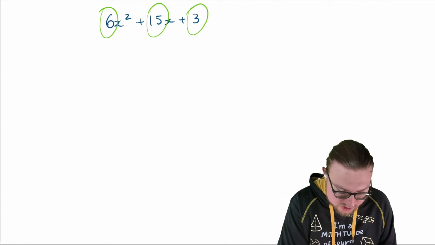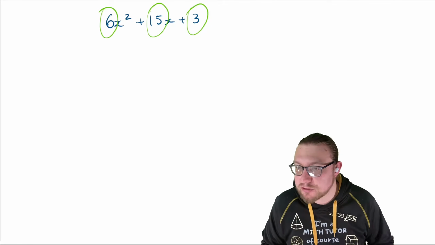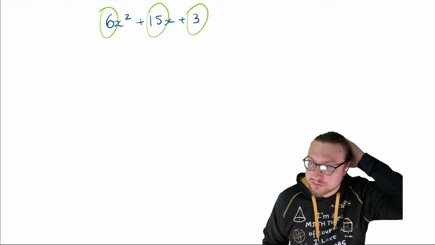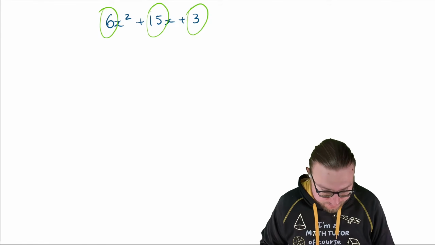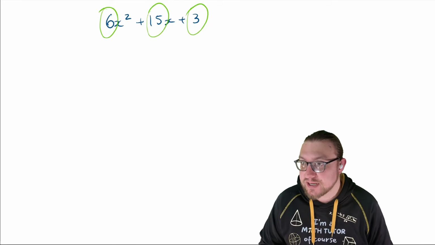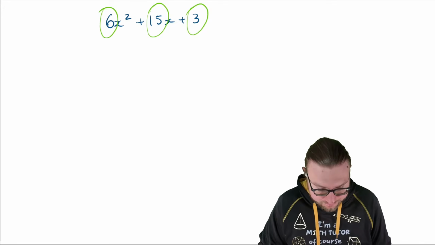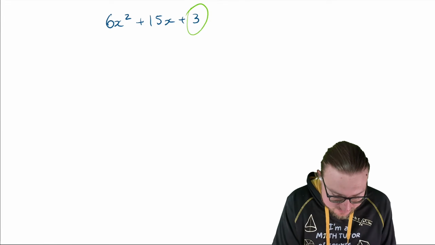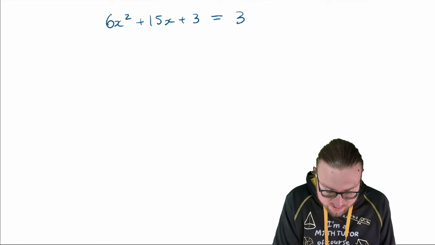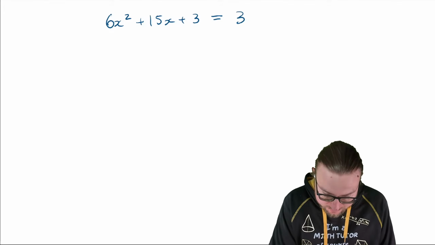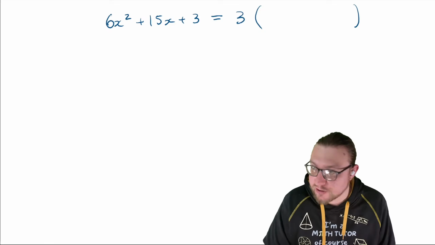So for this question here, 6, 15, and 3, we can see that all of those numbers have 3 as a common factor. We can divide 6 by 3, we can divide 15 by 3, and we can divide 3 by 3. If that's the case, then what we need to do is use the factorizing method that we had first, the basic method, and factor out a 3 for each term.